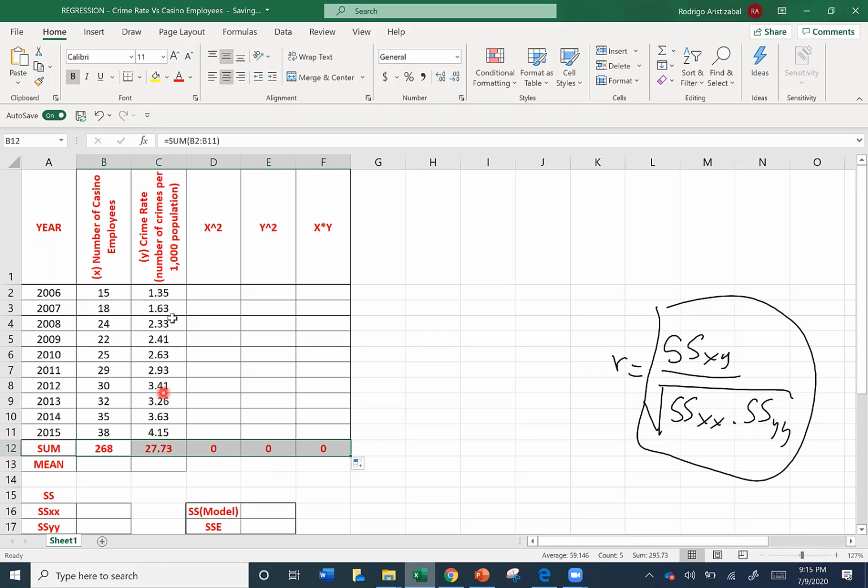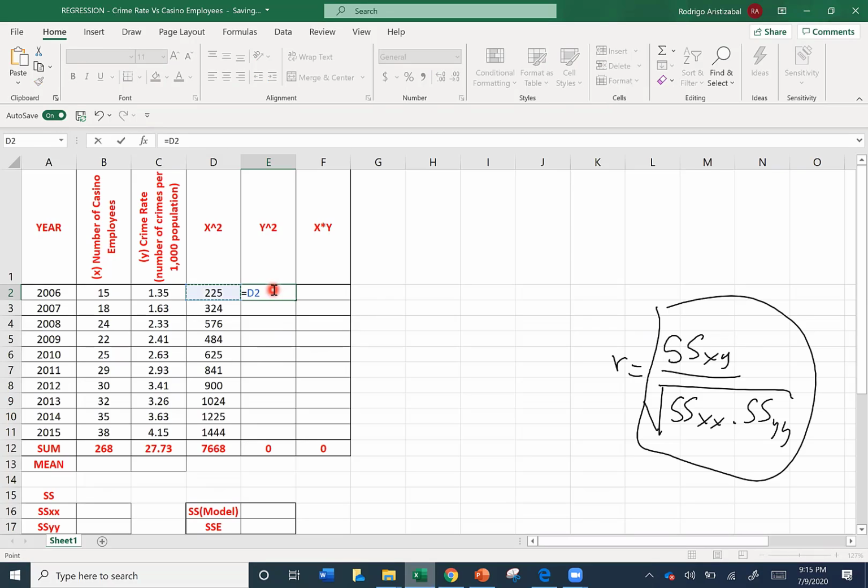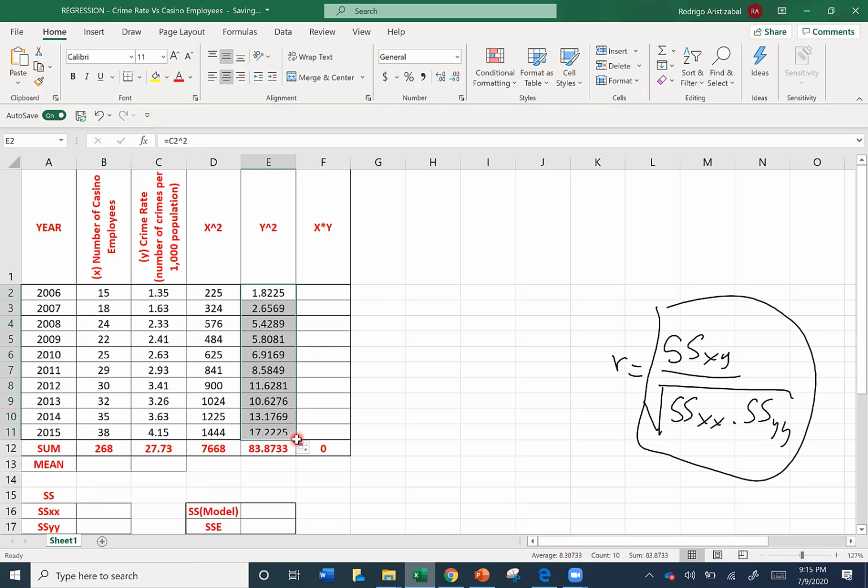then we can copy the sum of this column in all of these columns that we need. Then we already have the sum of all y, but we also need the sum of all x squared, so we need to square the first x value and copy this formula here. And we need the sum of all y squared, so we need to square the first y, raised to the second power, and we can copy this formula in all of these cells.